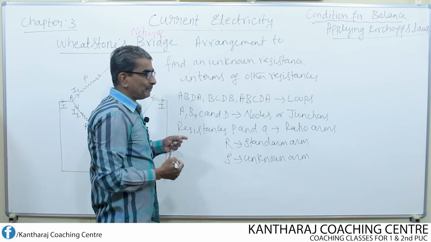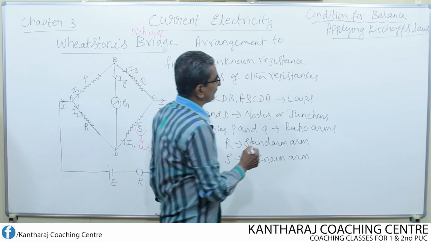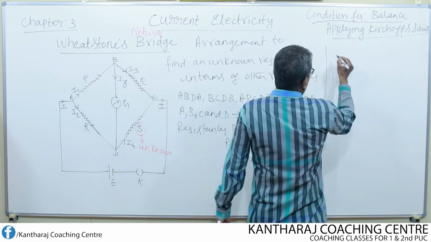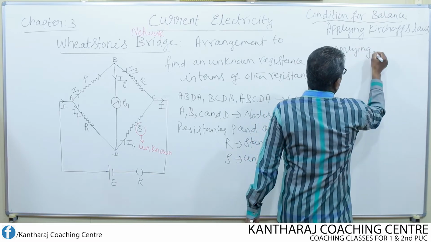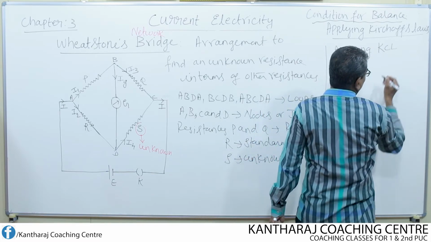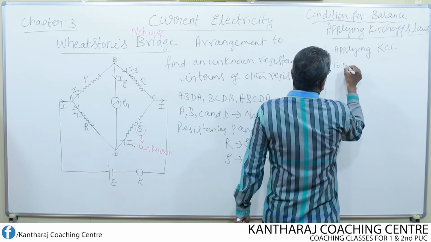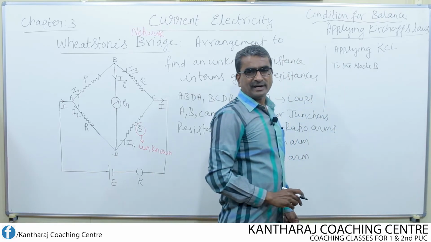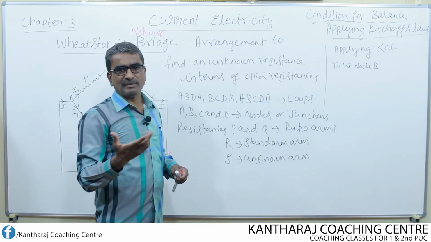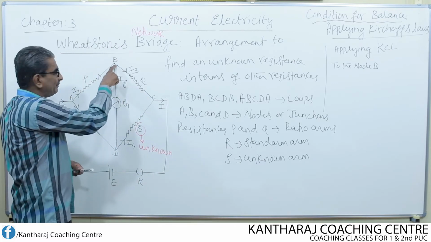First, I apply the current law to the node points B and D. Applying, I write it in short form, Kirchhoff's current law to the node B. What do we get as the equation now? Total incoming current should be equal to total outgoing current. What are the incoming currents to the point B?